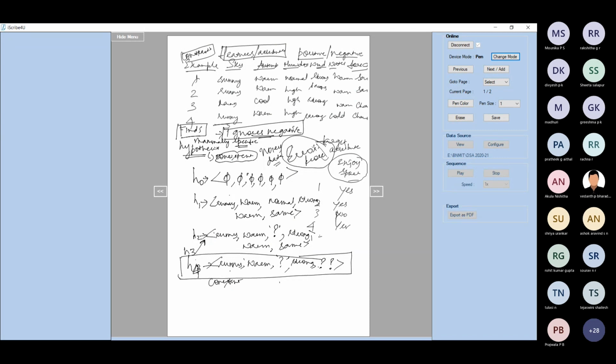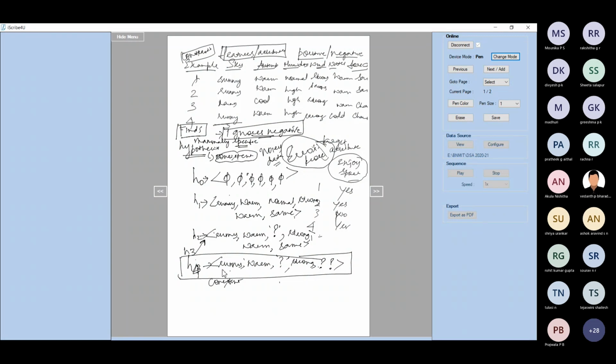So what do we mean by this hypothesis being consistent with the training example? Now can you just compare and tell me, this is your final hypothesis. Is your final hypothesis consistent with all x1, x2, x3, x4, all the four examples? Are they consistent? We got to check. So we're telling when sunny, warm, any value, strong, any value, and any value should be positive.